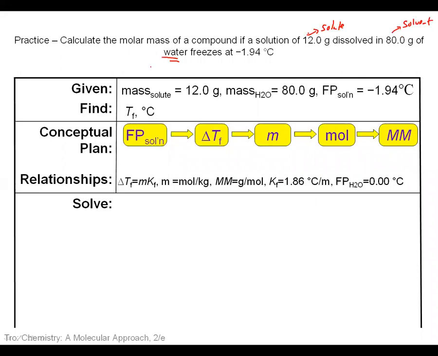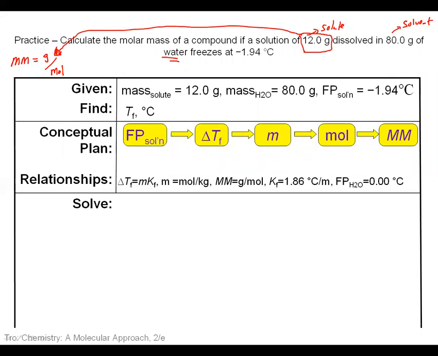And it's important that our solvent is water. We are looking for the molar mass, and if you think about the units of molar mass, that is grams per mole. Right off the bat, we know the compound, we took 12 grams of it, and that is the top part of what we need.